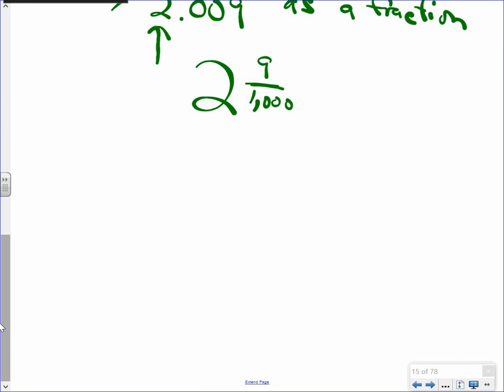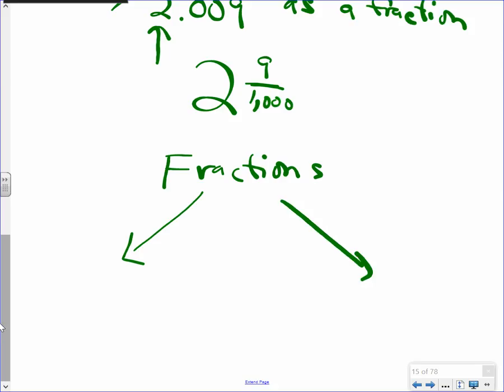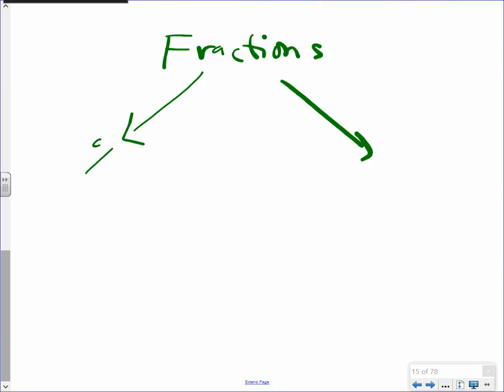Now, on your notes, I'm going to write fractions. I'm going to put 2 arrows, one going to the left, one going to the right. I'm going to write percent here, and then decimal here.